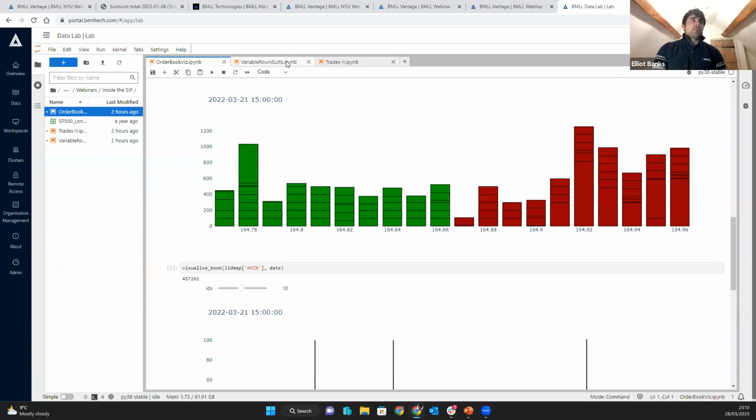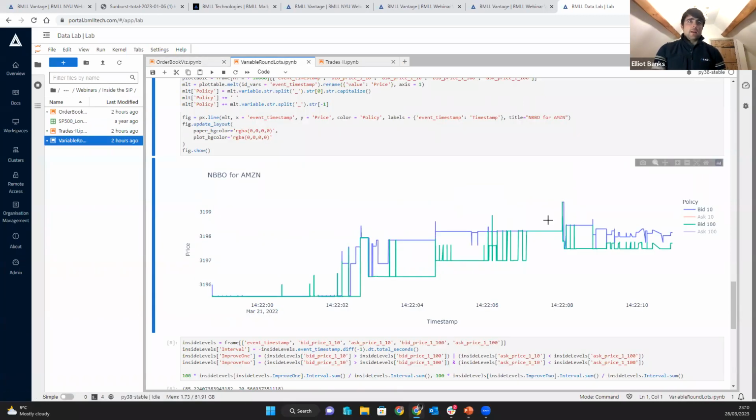And actually, one of the things that we looked at here was the difference between what that would look like to an NBBO. And again, this is a great visualization, I think, and an important takeaway to remember with the NBBO about how it is actually round lot size. Now, again, I've taken Amazon as a stock.